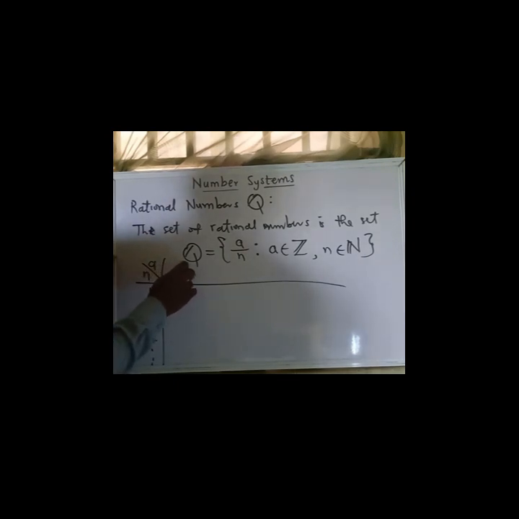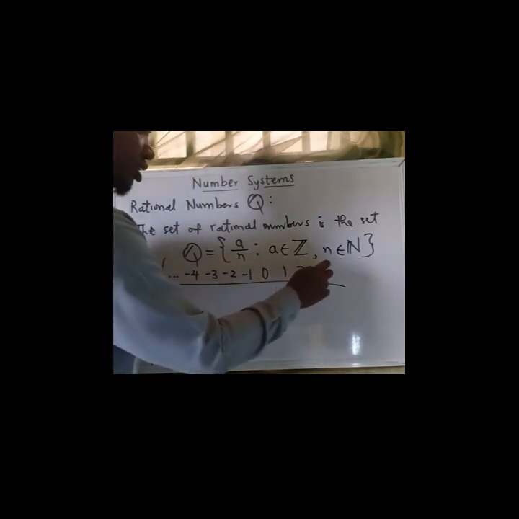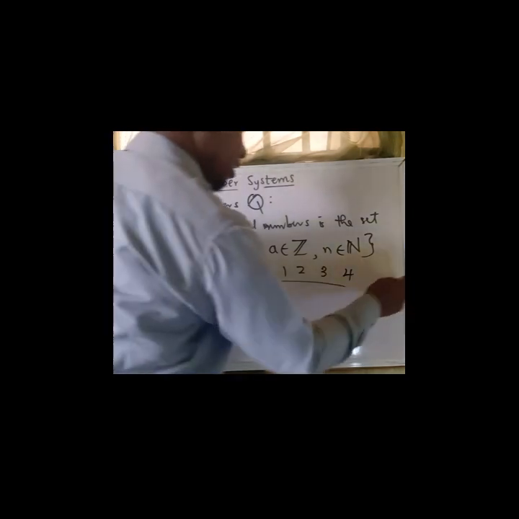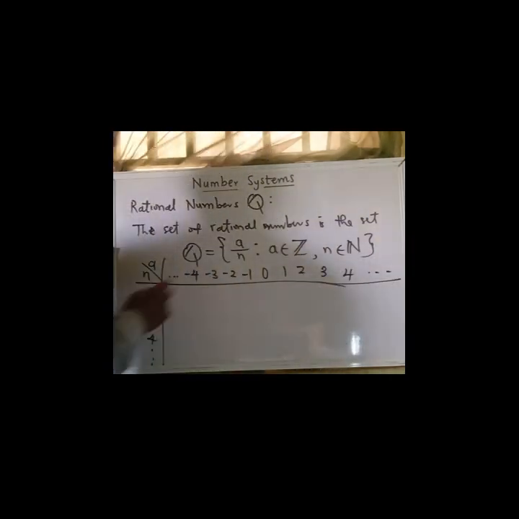Let's say from -4, -3, -2, -1, 0, 1, 2, 3, 4, then this goes to infinity. If we perform the operation as we have it here, we'll see that this first row of elements will repeat because everything here is divided by 1.